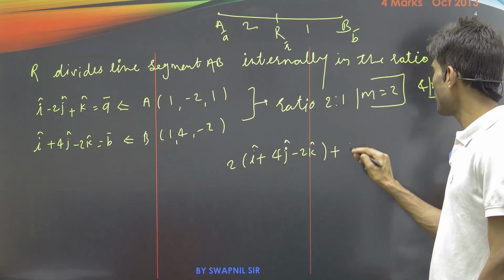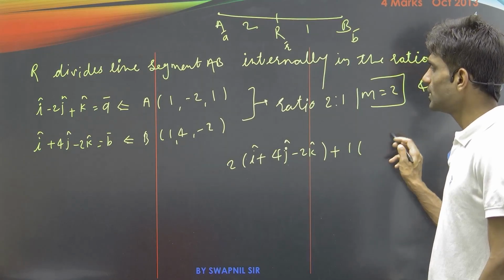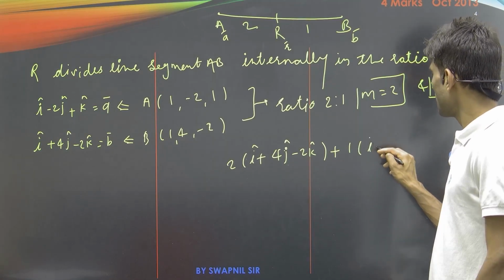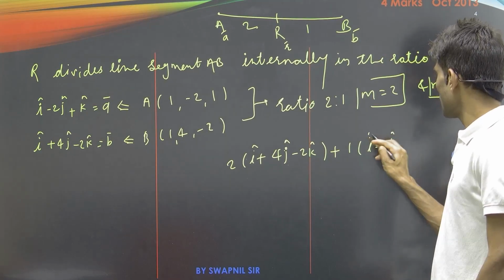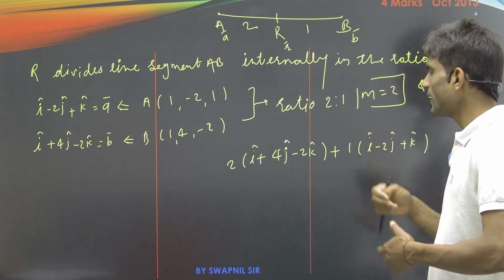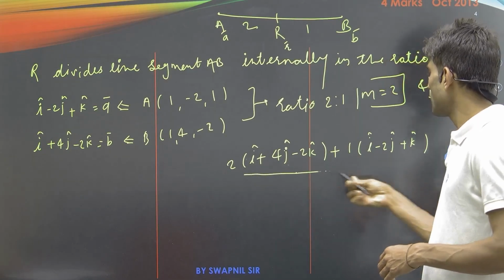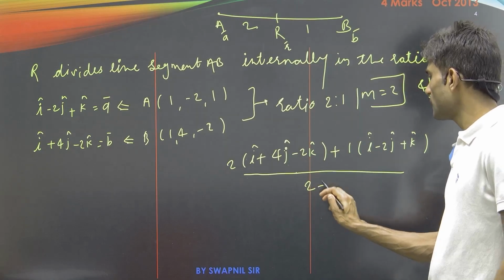N is 1, into A bar, which is I cap minus 2J cap plus K cap. This is the point for our position vector A bar. All of it is divided by M plus N, that means 2 plus 1.